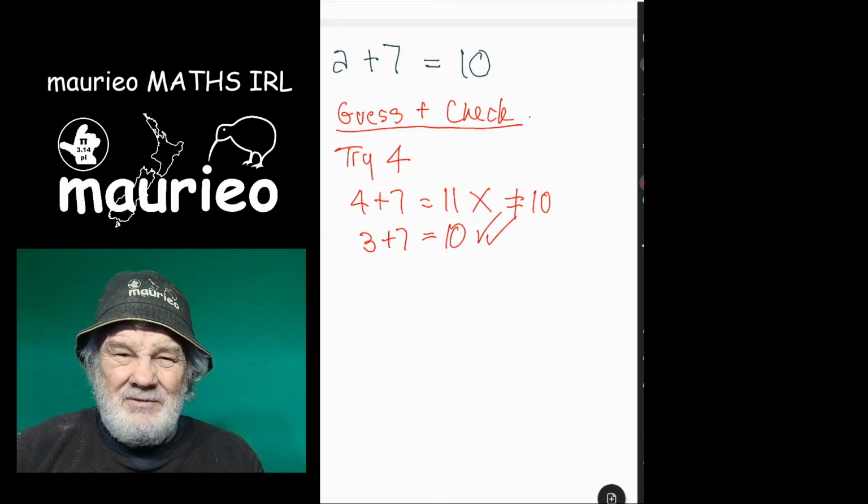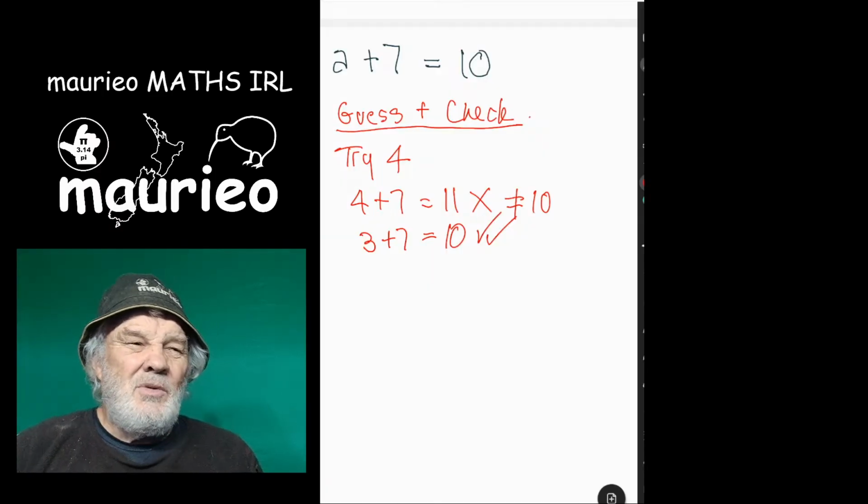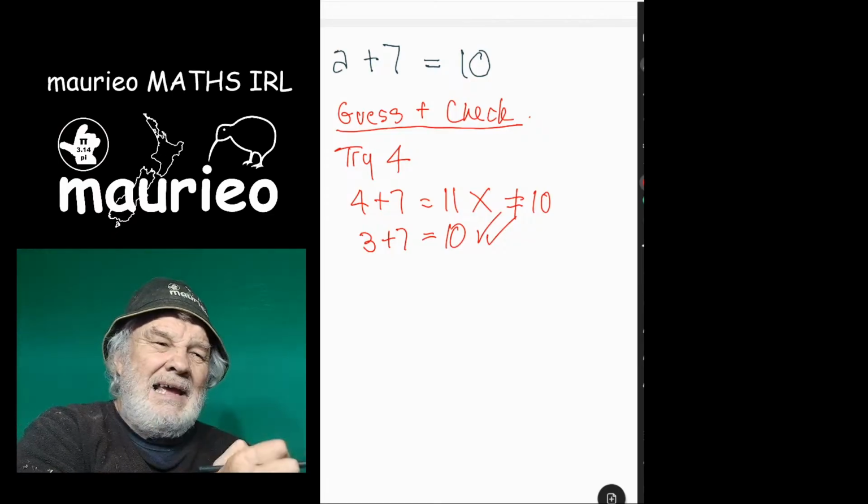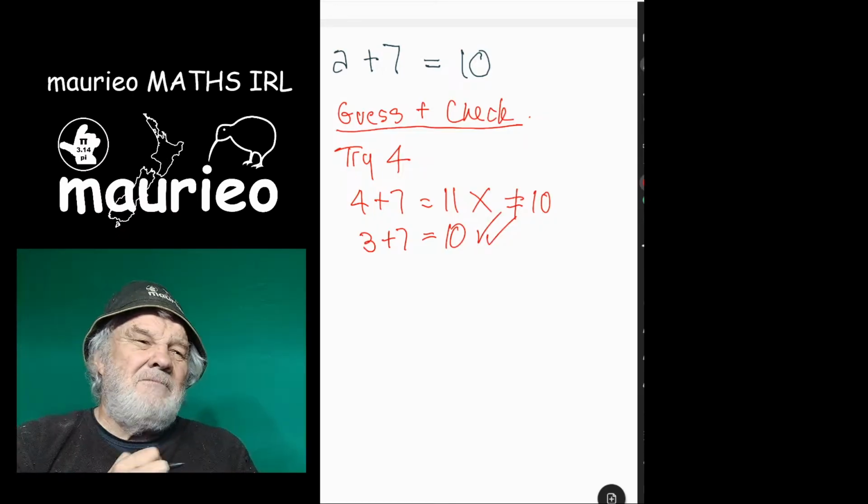We can do better than that if we look at it. If you imagine the balance and you've got A plus 7.